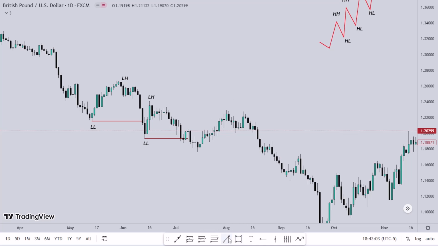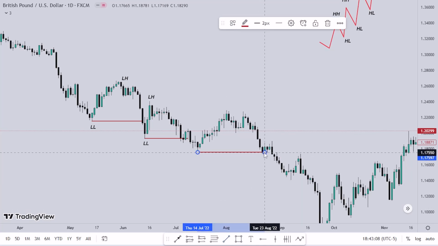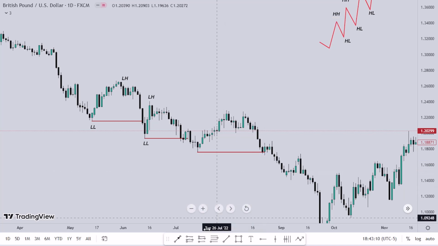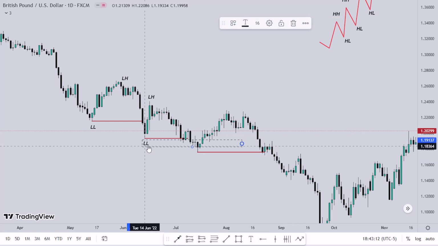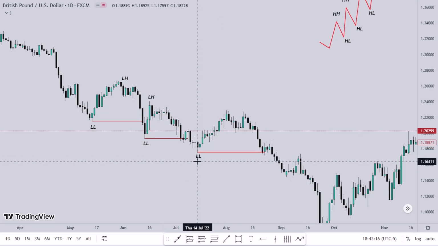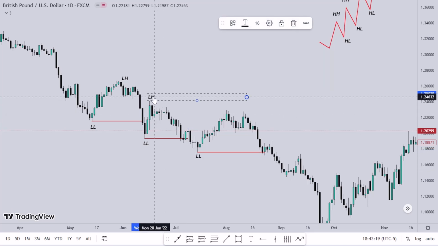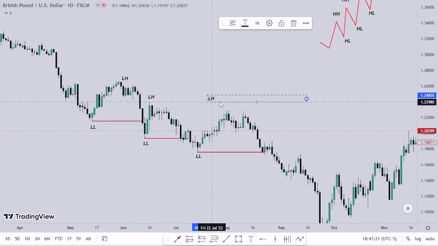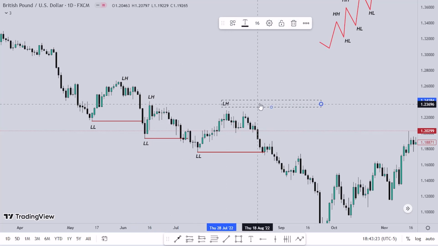So at this point we pull back to this level, we break this low, and then we make a lower low again. You see how the lows are sustainably lower than the previous lows and the highs are sustainably lower than the previous high.